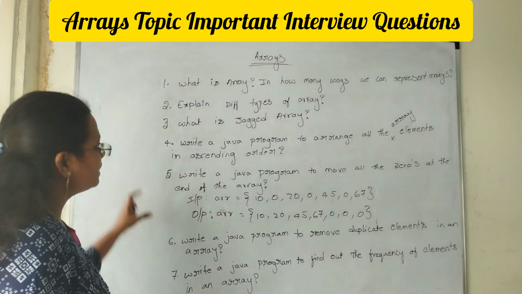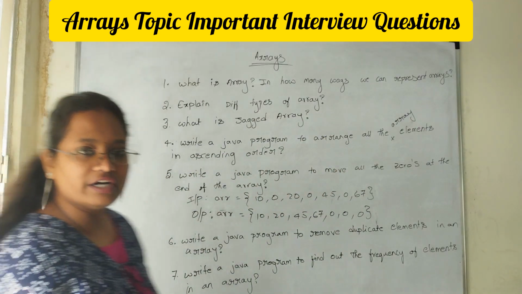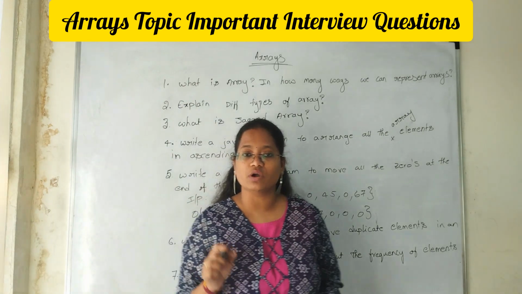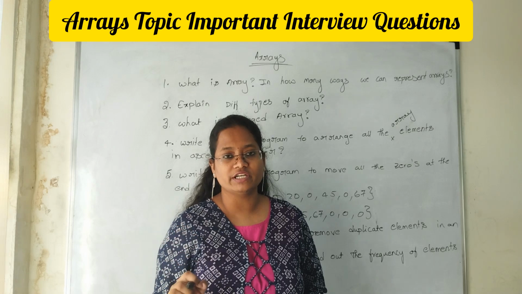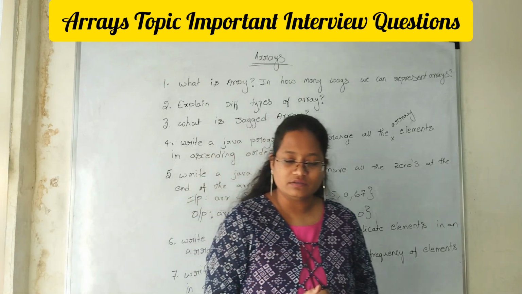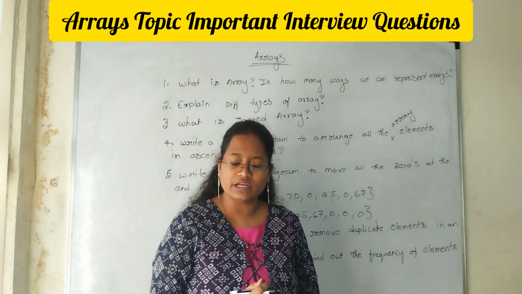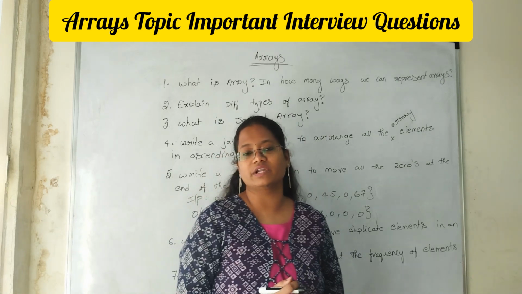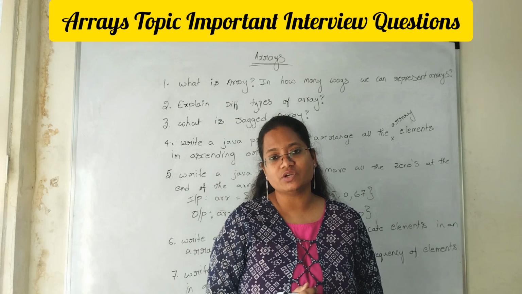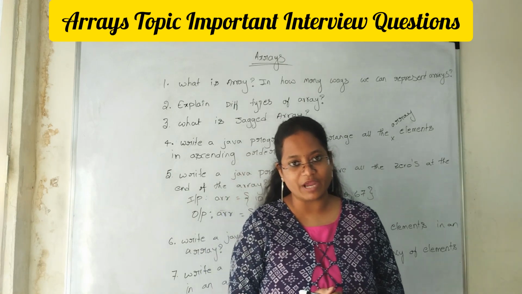So mainly we need to focus on all of this. As I already said, you need to focus on sorting techniques also: bubble sort, quick sort, radix sort, heap sort. You should have good knowledge of all the sorting techniques, and of searching techniques too, like linear search and binary search.